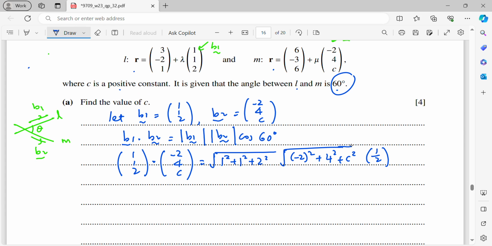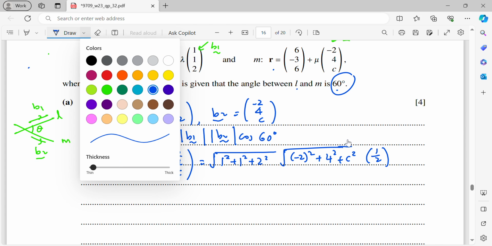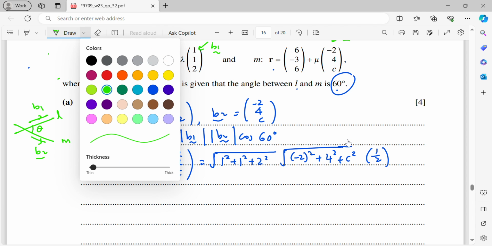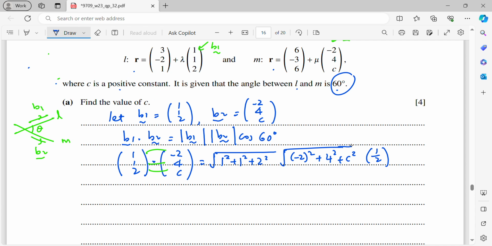So for the left hand side, for the scalar product formula, just multiply and add together. Then you will be getting 1 times negative 2 plus 1 times 4 plus 2 times C. For the first square root, that is square root 6. The second square root, you will be getting square root of 20 plus C squared. Then remain the half.